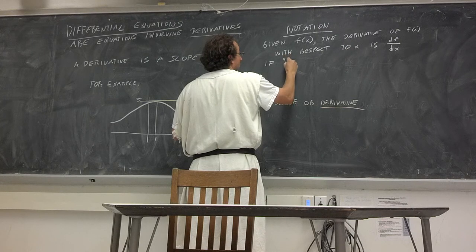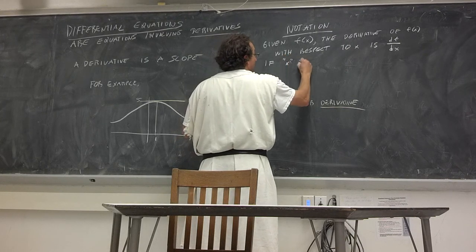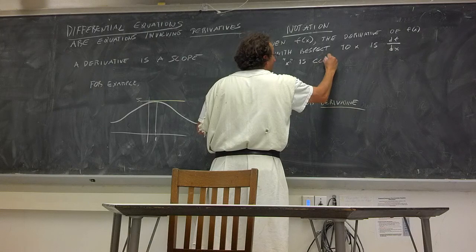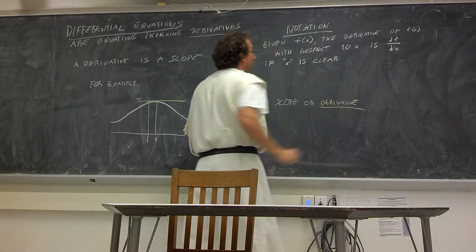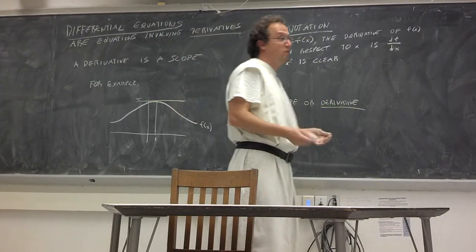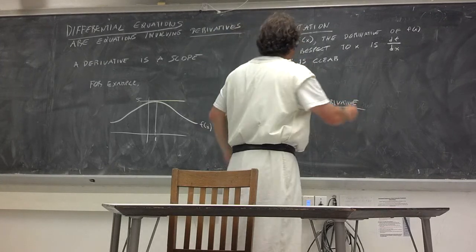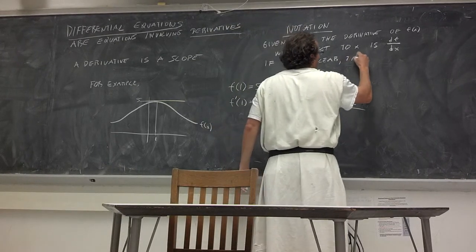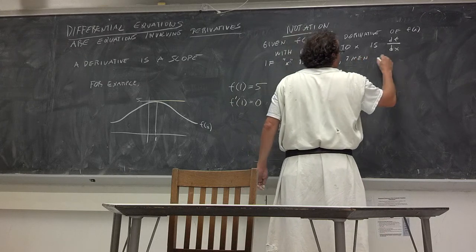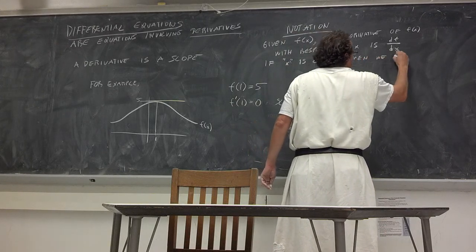If x is clear, because there's no other parameter here, there's no y, there's no z, then we write it differently.